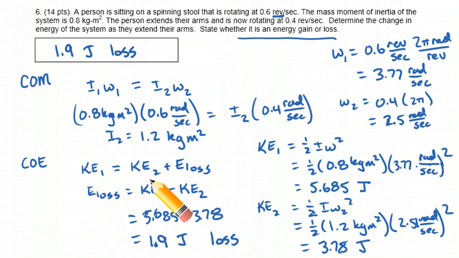Then using conservation of energy to compare the final and initial kinetic energies to come up with energy loss, making sure my units were correct. And just to make things consistent, I will write this as revolutions. Again, they cancel out. So as long as I was consistent, those units did not matter in that part of the problem. We'll finish off there.